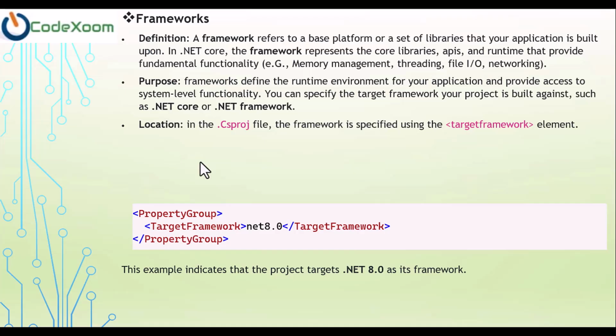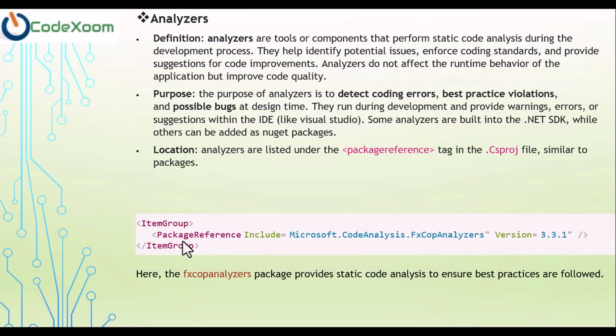Now we are going to talk about analyzers. Let's see what analyzers are and where they are in our project. What are analyzers? Analyzers are tools or components that perform static code analysis during the development process. They help identify potential issues, enforce coding standards, and provide suggestions for code improvements.